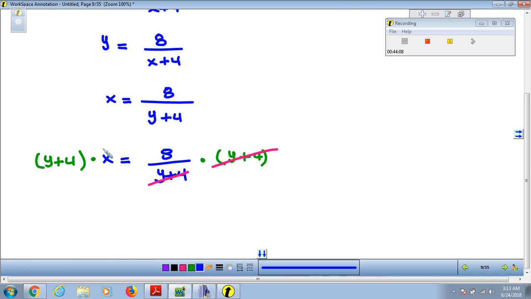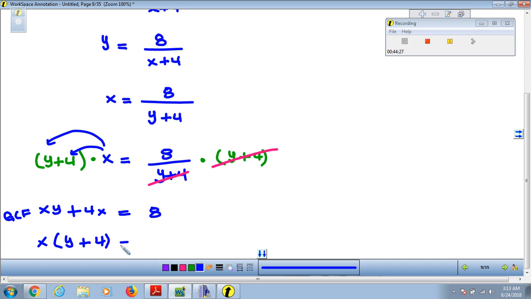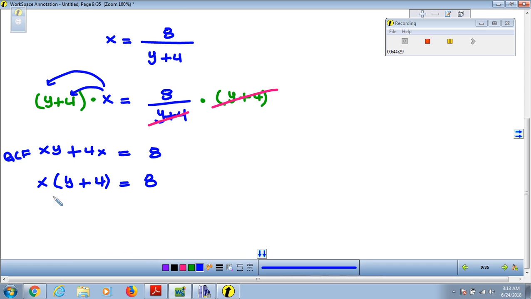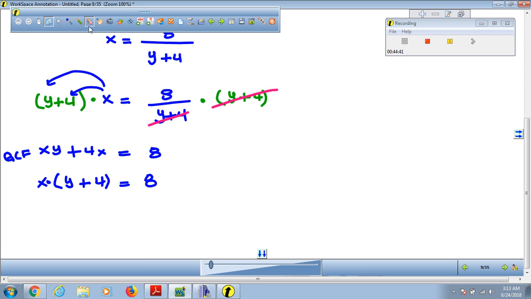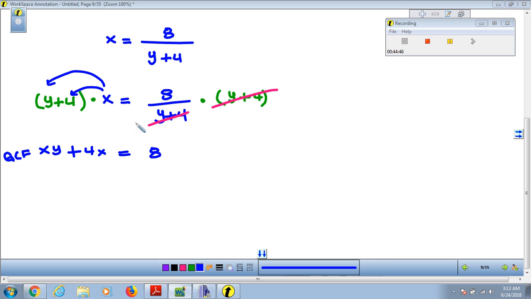And so here I'm going to get xy plus 4x equals 8. Here I'm going to factor out the common thing, using the greatest common factor, GCF. x times y is xy, x times 4 is 4x. Oh, you know what? I didn't have to do this, because I'm not trying to solve for x, I'm trying to solve for y.